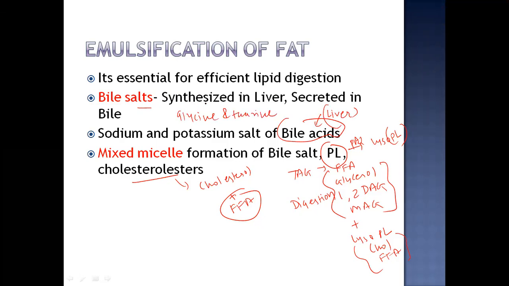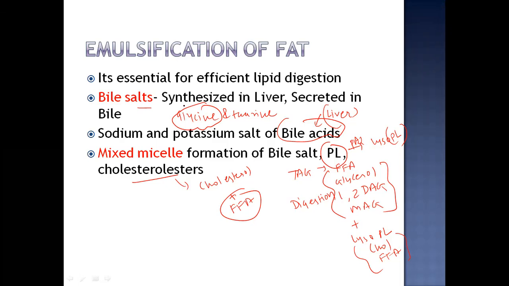You already know glycine is an amino acid. So sodium and potassium salts of bile acids, which are ultimately the product of glycine and taurine, are known as the bile salts. The common names of the bile salts are sodium and potassium glycocholate and sodium and potassium taurocholate. Okay. So detail about this you have already learned in abnormal constituents of urine, and also we will discuss separately about the product of bile salts in detail in our upcoming lectures.